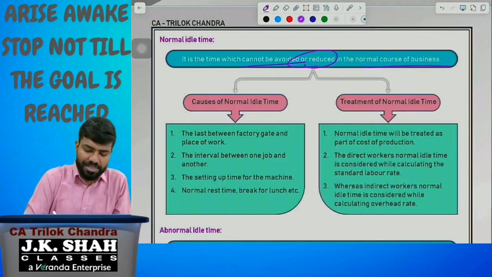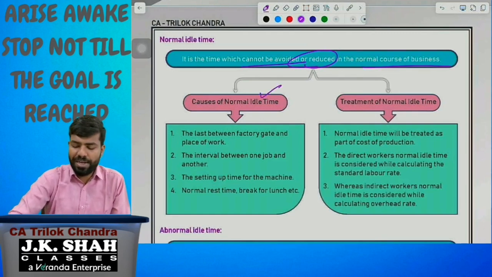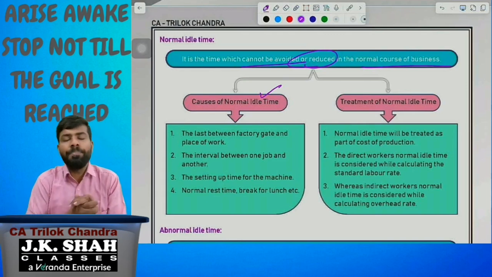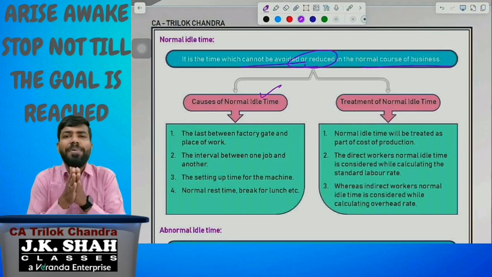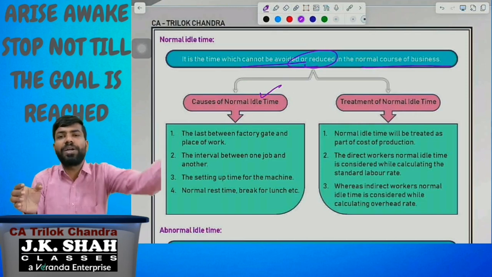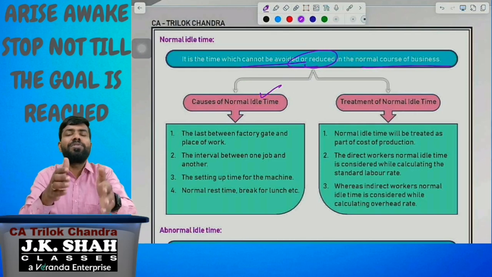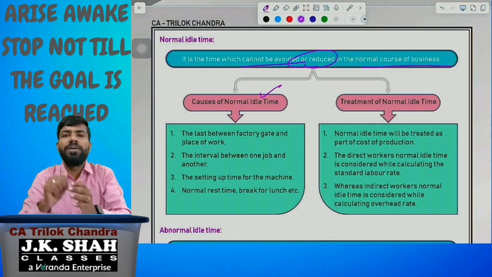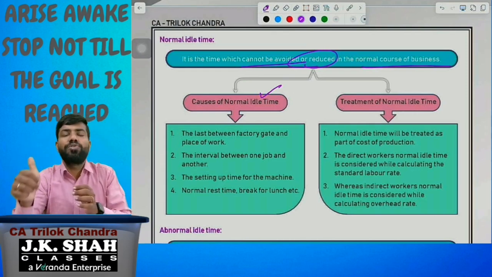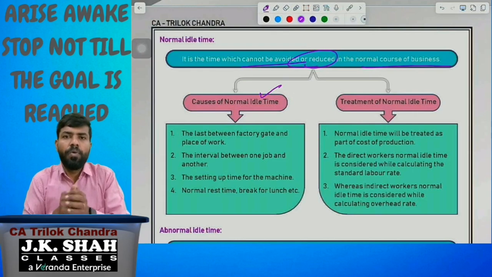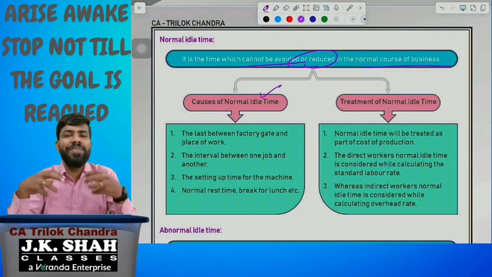Look at the causes of normal idle time. The time lost between the factory gate and the work location. Generally, in manufacturing companies, whenever the workers enter the factory, they need to give attendance through thumb impression. Once the thumb impression is given, the time will start.